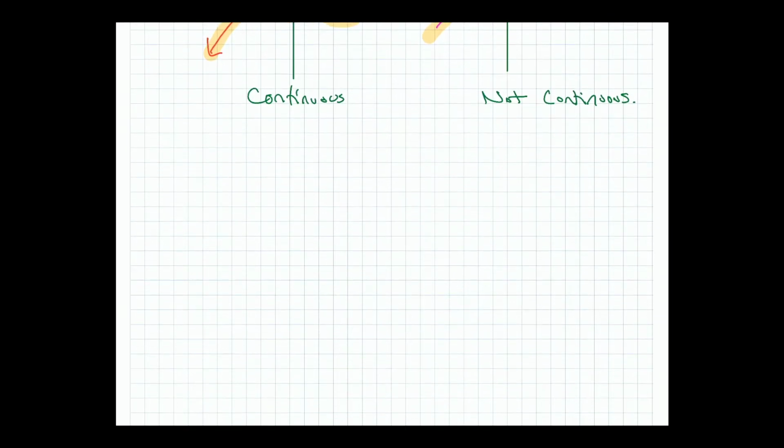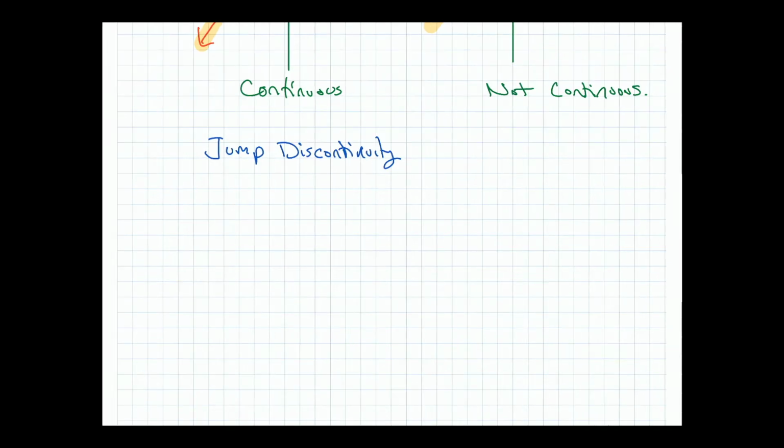Some types of discontinuities are a jump discontinuity, and then there's a removable discontinuity.